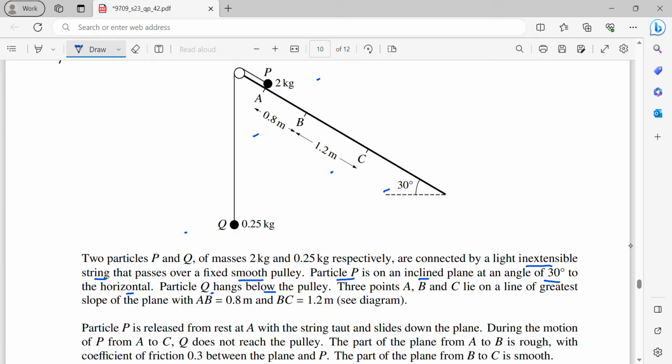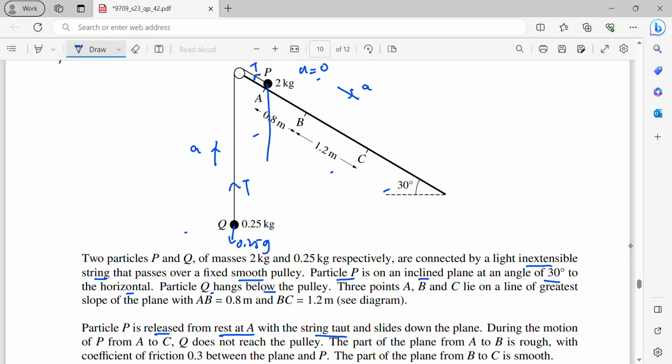Now P is released from rest at A, which means that u equals 0, then with the string taut, it slides down the plane. So it means that P is moving down and Q is going to move up. To move up, this is a tension. Here is a tension. Okay, this is the weight.